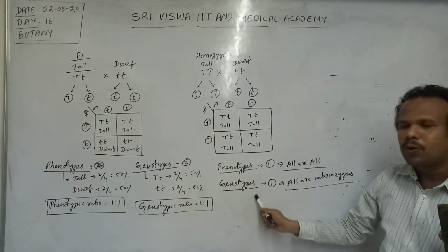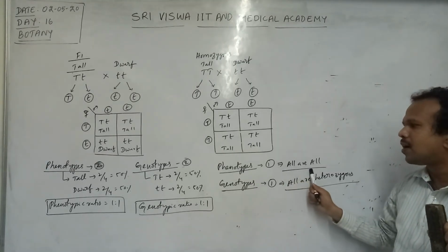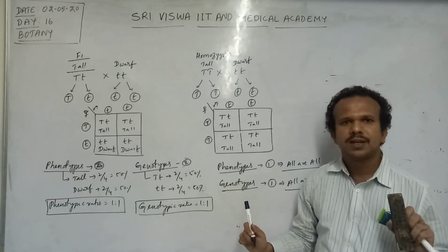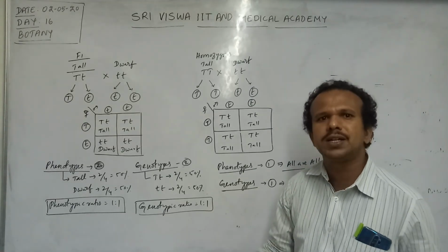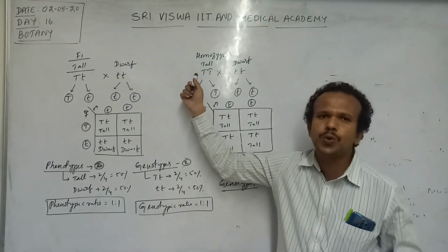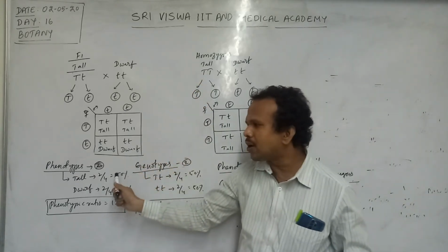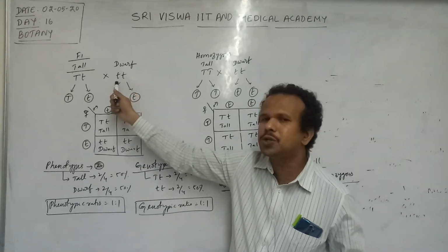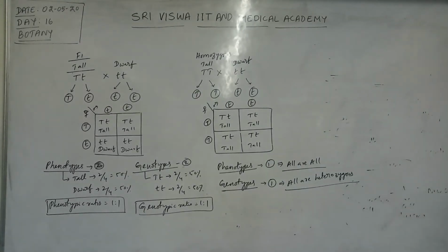At the end, only one type of phenotype, one type of genotype is formed. All are phenotypically tall, all are genotypically heterozygous. If all the plants produced at the end of the test cross are phenotypically tall, genotypically heterozygous, the test individual is pure. If tall and dwarf plants appeared in 1:1 ratio, the test individual is impure. Test individual is heterozygous.